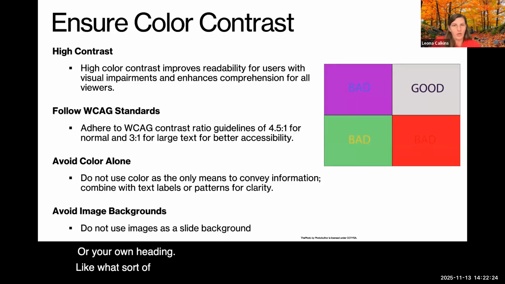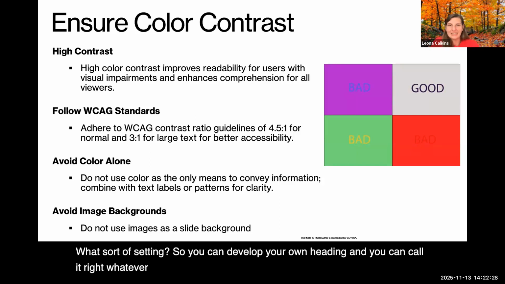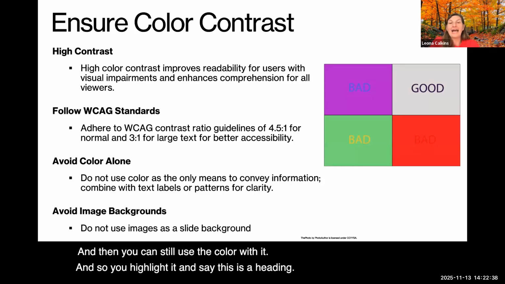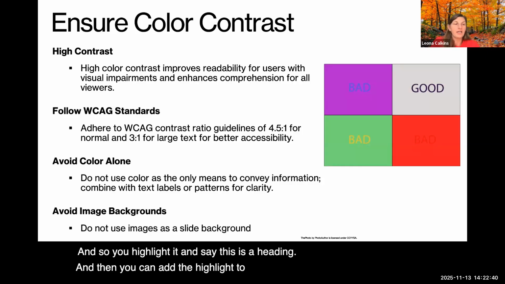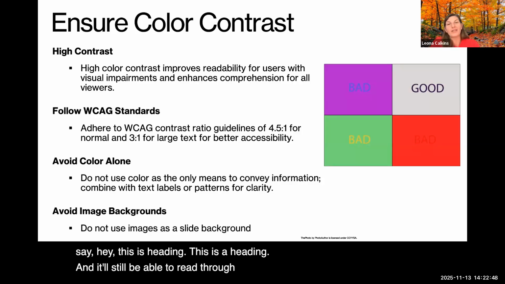So you can develop your own heading and call it, whatever, heading 17 or pink heading. And then you can still use the color with it. And so you highlight it and say, "This is a heading." And then you can add the highlight to it. For an accessibility reader, it'll still say, "Hey, this is a heading." And it'll still be able to read through it, even though there's color with it.